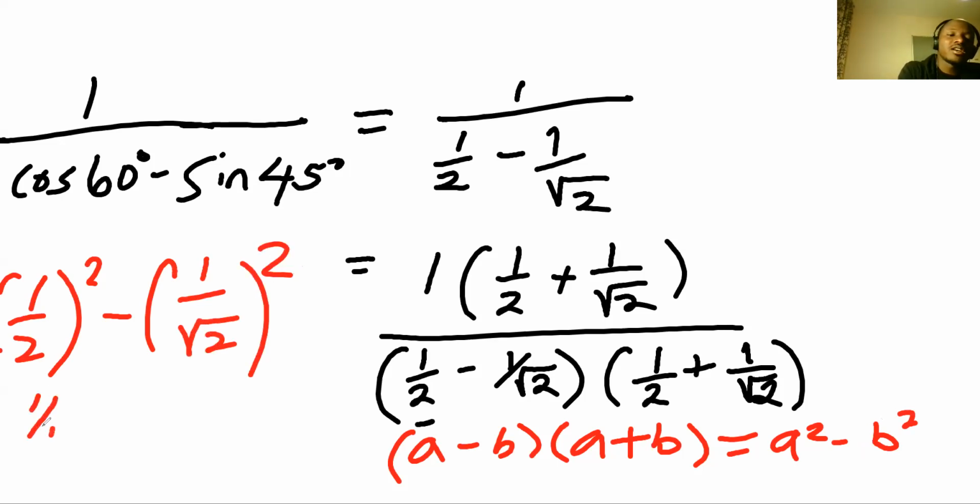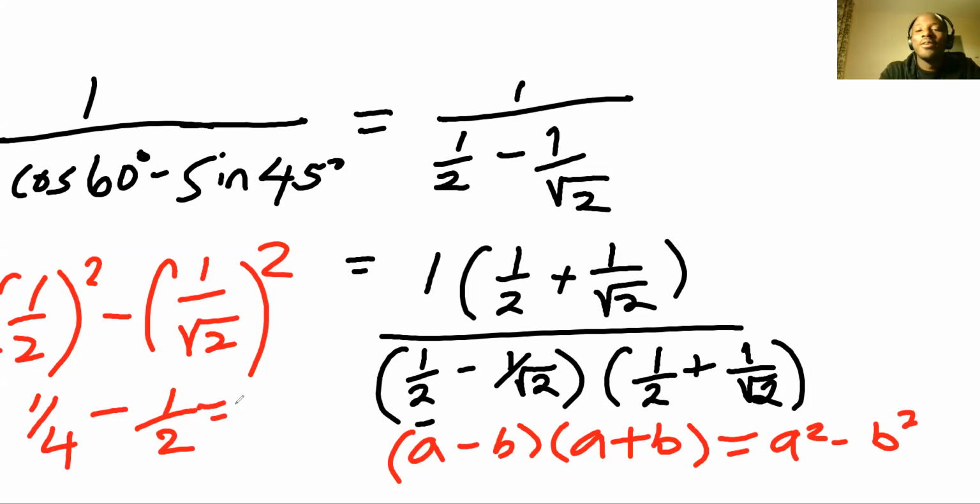So a half squared is a quarter. 1 over root 2 squared is 1 over root 4, which is 1 over 2. When you square a square root, you just remove the root sign.